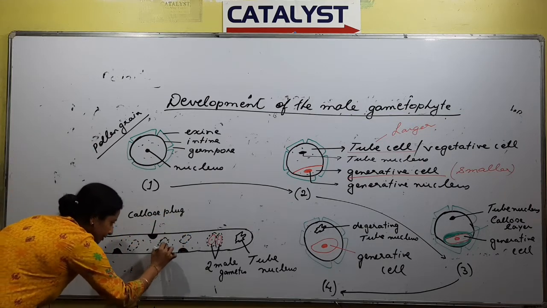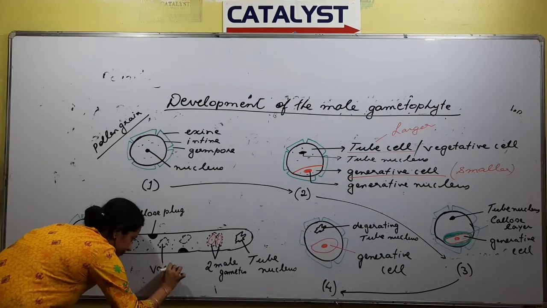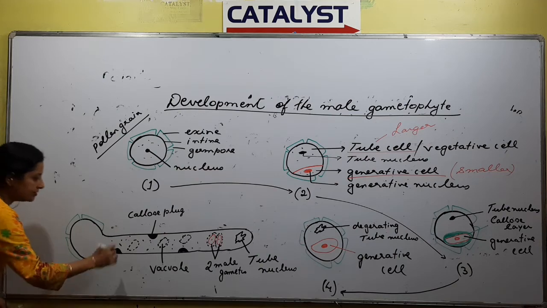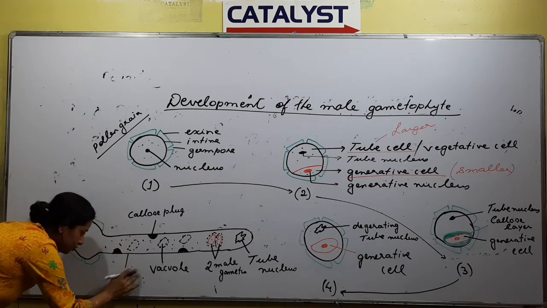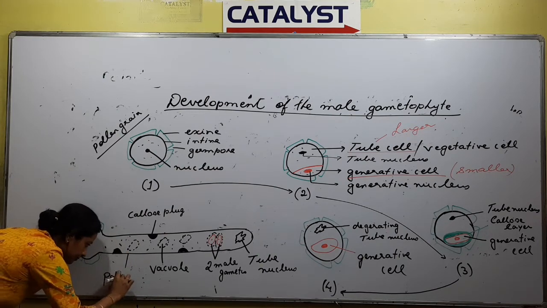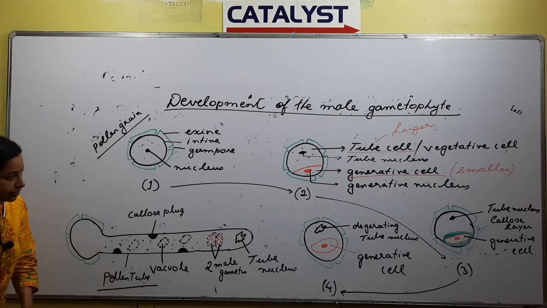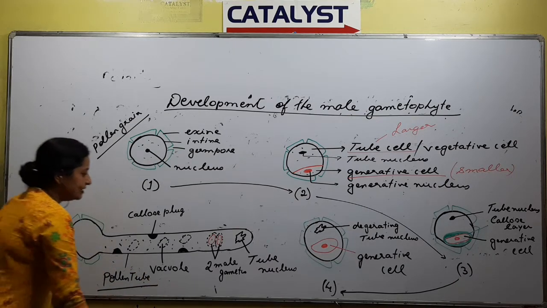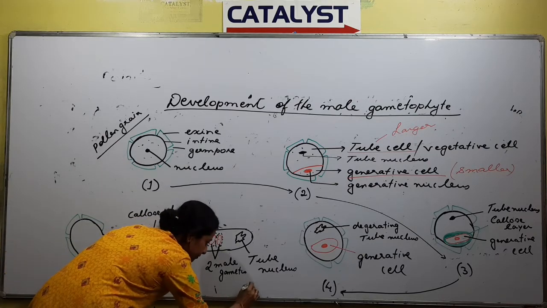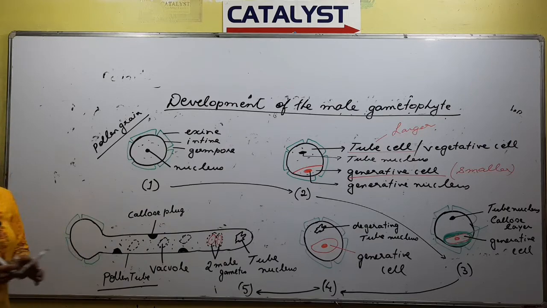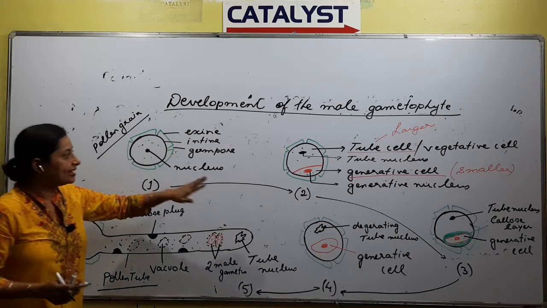This is the vacuole, right? And obviously this one is the pollen tube. The intine forms the pollen tube, and this is finally step number 5. Right? So for the development of the male gametophyte, these are the different stages that we see.